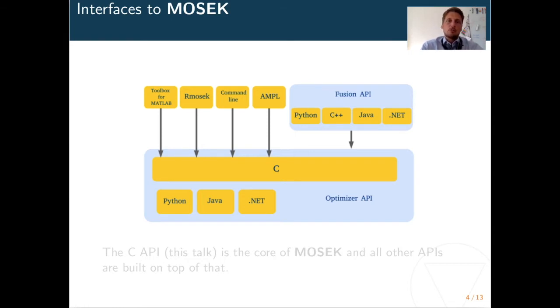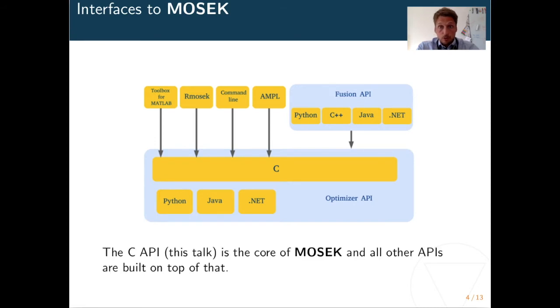Now, Fusion is an object-oriented modeling language specifically designed for conic optimization, and thus making it particularly easy to handle cones in optimization models. However, the core of the MOSEK package is the good old C API, and all other APIs are built on top of it. And today we will talk about the changes that we made recently to precisely the C API. And these changes will be released in the upcoming MOSEK version 10.